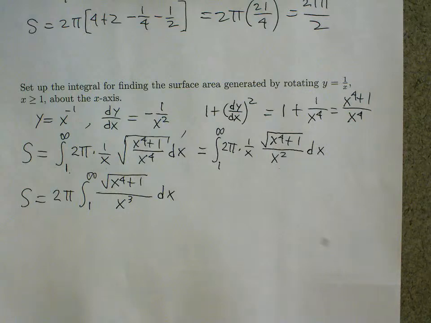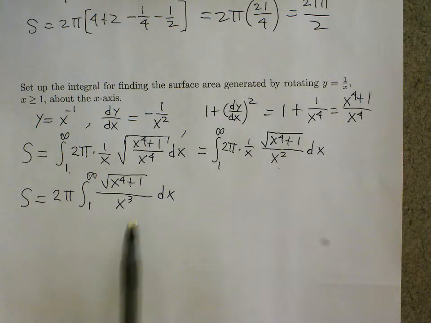So now we have an improper integral. What do you remember about evaluating improper integrals as far as the answer? Yeah, one of two things will occur. Either the improper integral converges to a finite number, or it diverges to one or the other of the infinities.